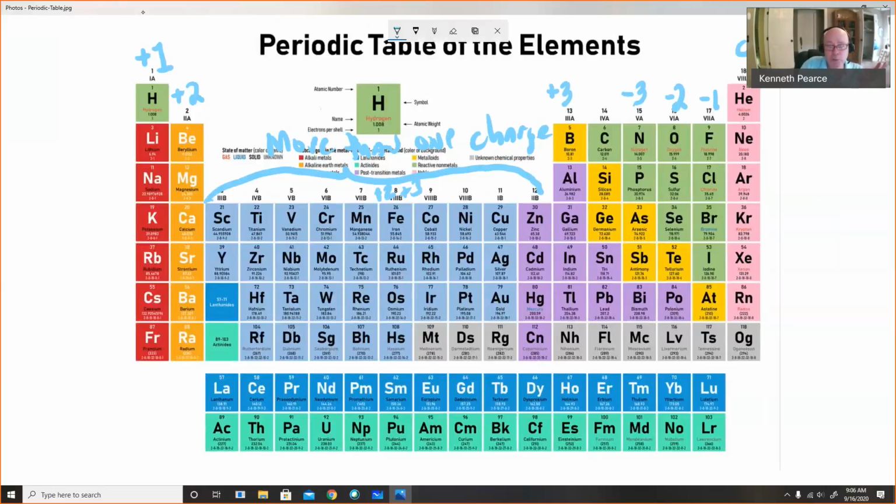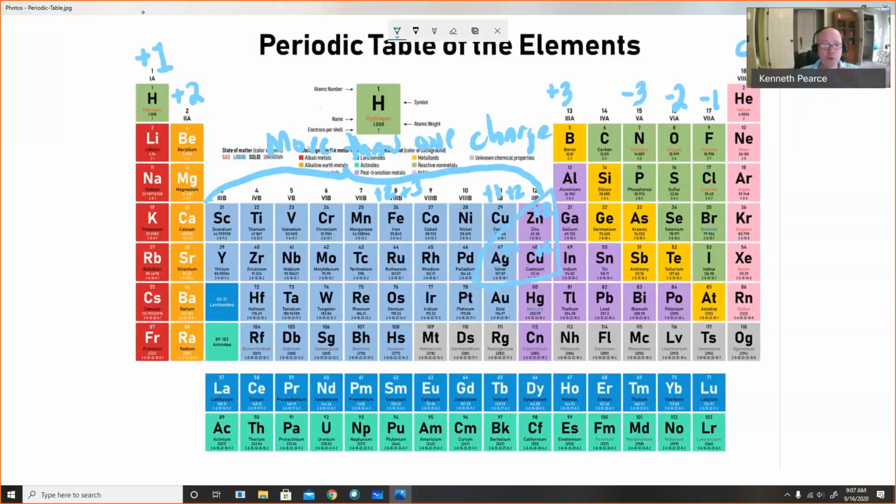But then we get to copper, it can be +1 or +2. And zinc is always +2, cadmium's always +2, and silver's always +1. So just to make it even more confusing, the transition elements can have more than one charge, and 3 of them actually have only one possible charge. Okay, more on that in a little bit.